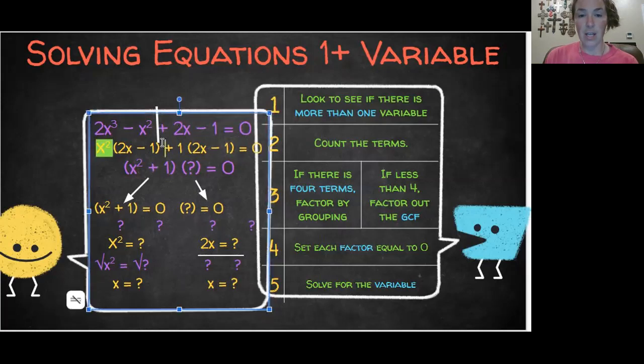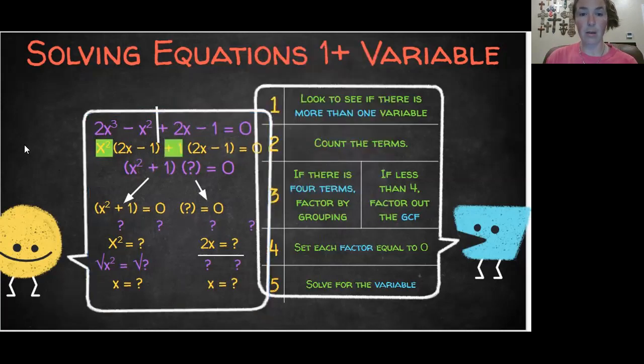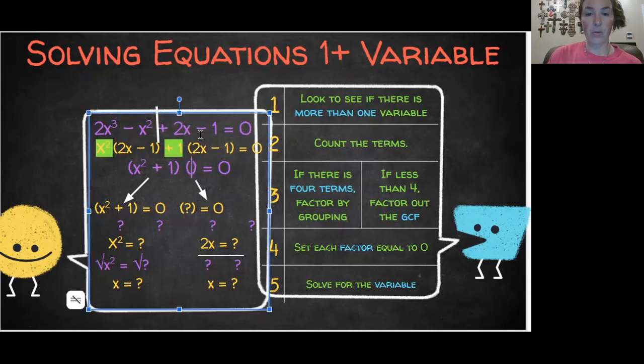And then we're going to take this term that's outside the parentheses, and highlight it green as well. We're going to take those and make one term. So notice I brought down x squared and a +1. The other term is going to be whatever was inside the parentheses, so 2x minus 1.